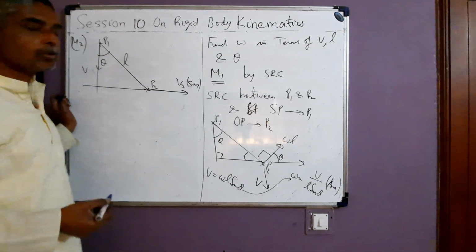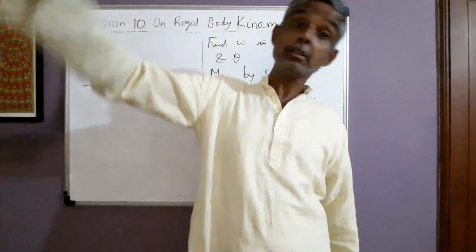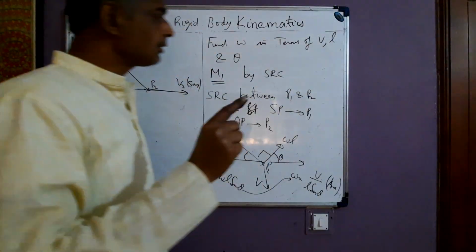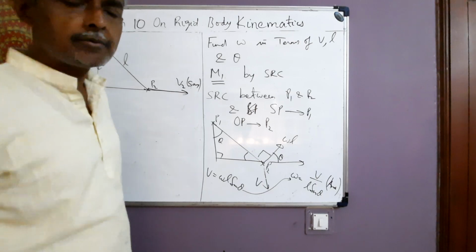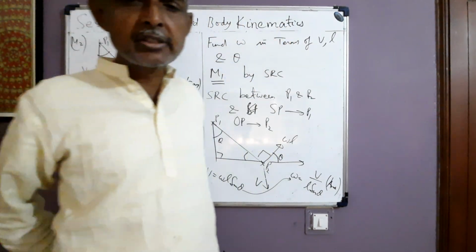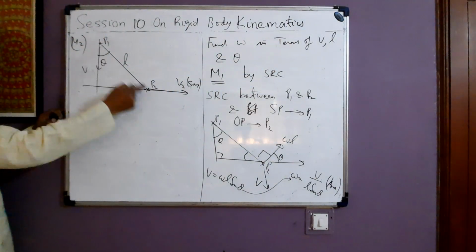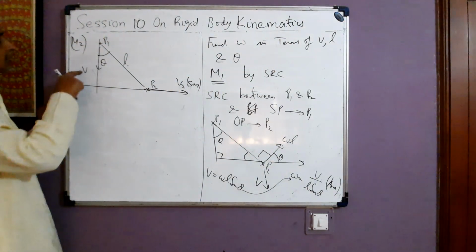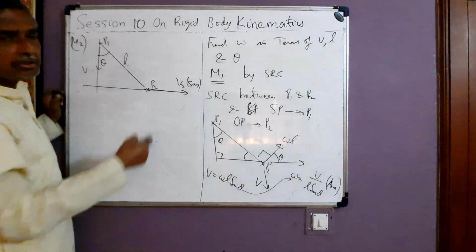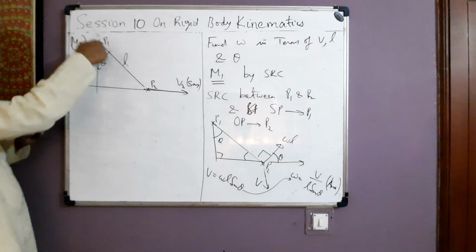From the basic theory of line elements, in the first and second video of relative velocity, we discussed the rigidity constraint. If the distance between two moving points is constant, then the components of velocities of these two points along the line joining them must always be equal. The distance between P1 and P2 is constant, L, so the components of velocities along the line joining them should always be equal. The component of V along this line is V cos theta.